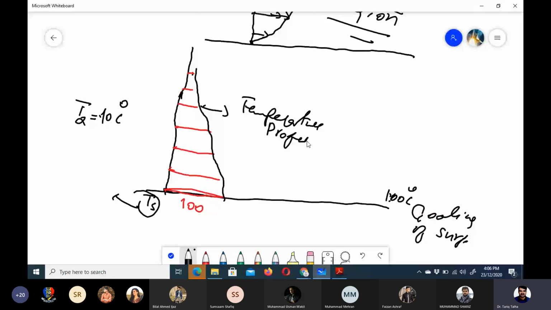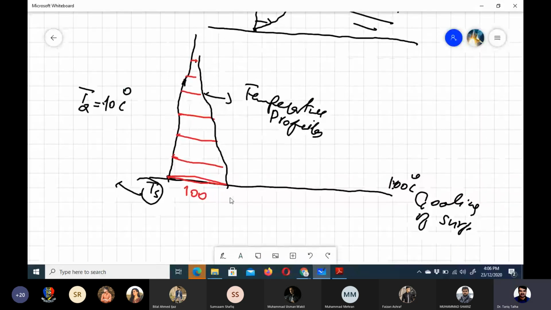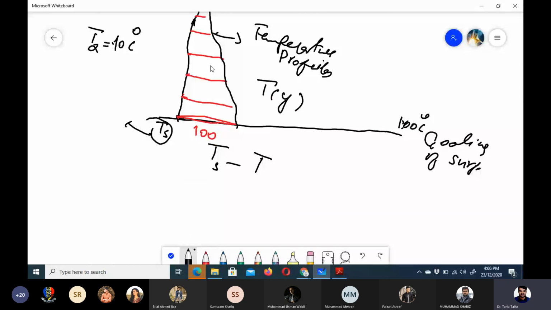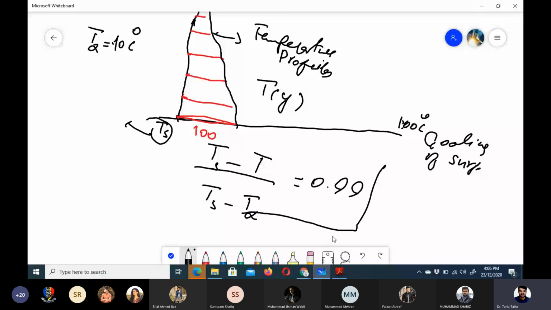In this case, if we want to define the thickness of the thermal boundary layer, we have this formula: Ts minus T, where T is a function of y, the temperature of each layer, divided by Ts minus T infinity. When it becomes equal to 0.99, then that thickness is called the thermal boundary layer thickness. We represent it with delta T.